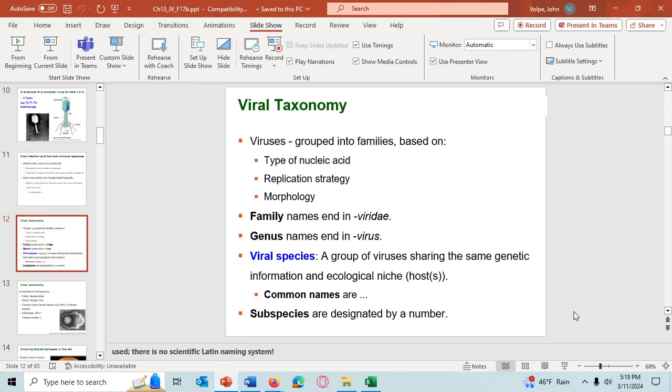The exception is we do group them into the kingdom that they infect. Like there's animal viruses and plant viruses and bacterial cell viruses.